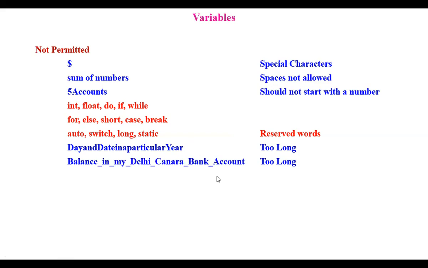Next, this is also too long. This is understandable because I put an underscore here. This is very clear, but too long. If you want to reuse this again and again, you have to type this much every time. In that, one particular thing is you should not make any small mistake, suppose in place of Delhi, in capital D, you have written small d.